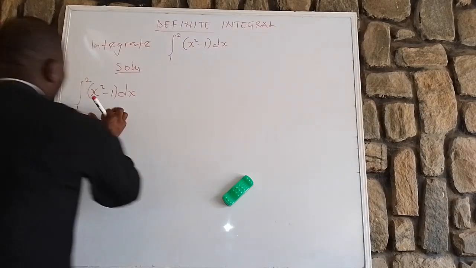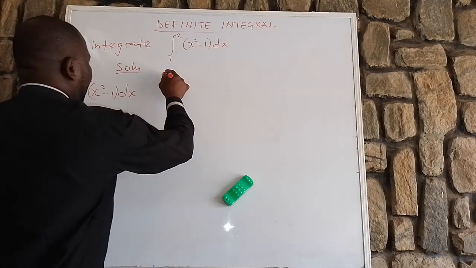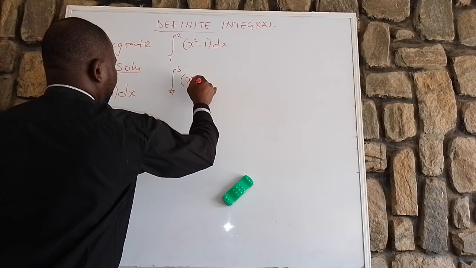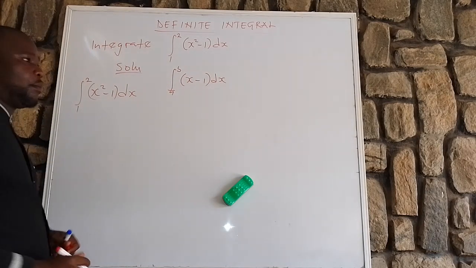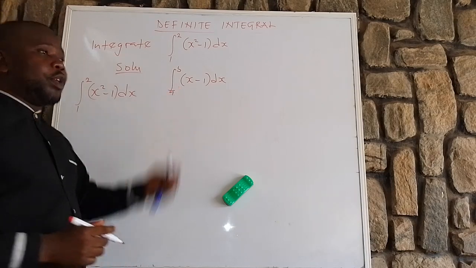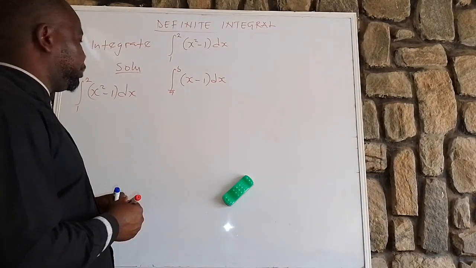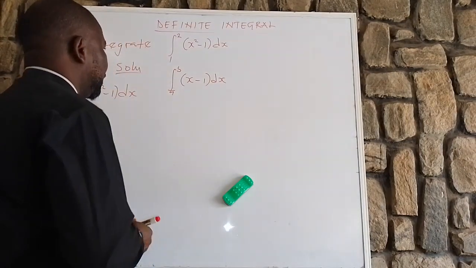Before I consider this, I want us to take note of something. Assuming you are asked to integrate a function of this form, x minus 1 dx, we can integrate this function in two different ways.